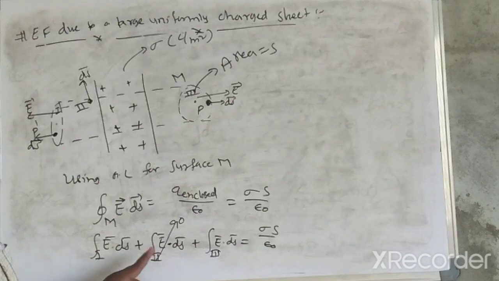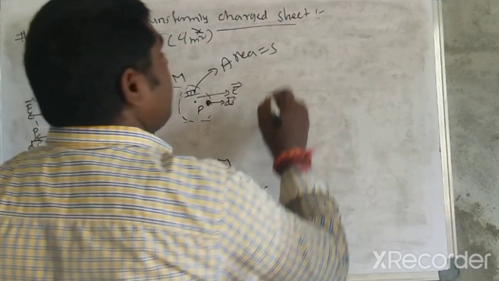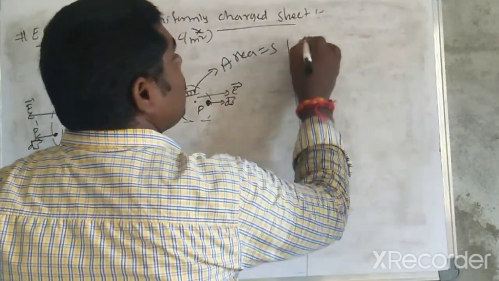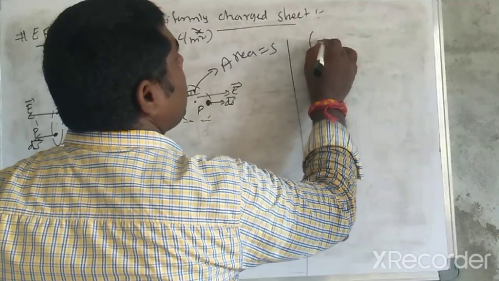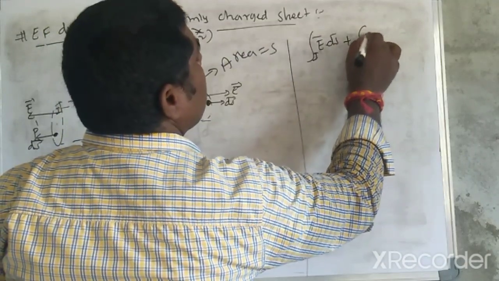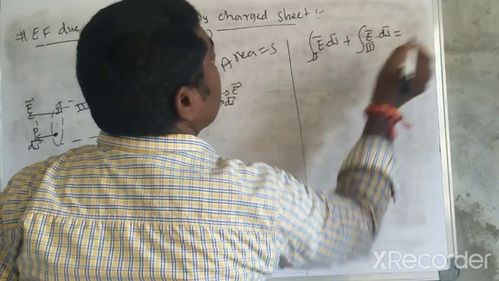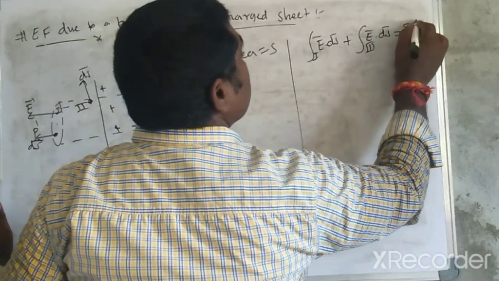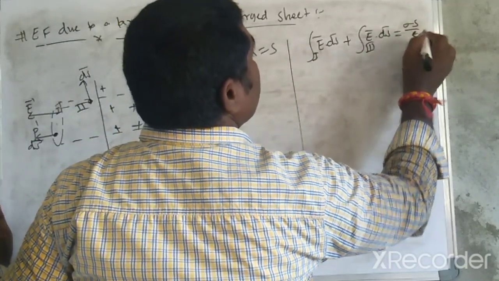Remaining, the integral of the first surface E dot ds plus the third surface E dot ds bar is equal to sigma into S divided by epsilon naught.